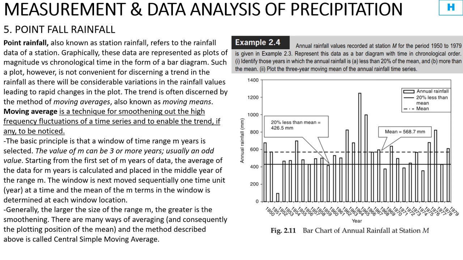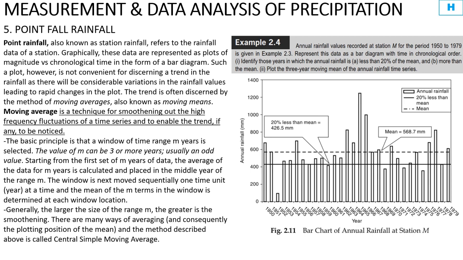And then plot the 3-year moving mean of the annual rainfall time series. So we have this rainfall data na nakuha dun sa example 2.3. So kung iba-bar graph mo siya, very magulo siya. So let's do yung moving average technique. That is yung 3-year moving mean.